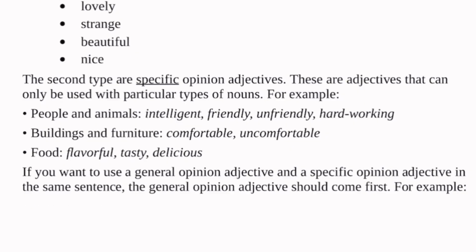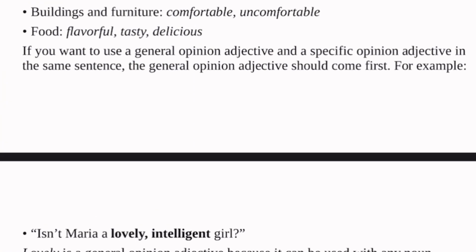No. So if you want to use a general opinion and a specific opinion in the same sentence, please take note, the general opinion should come first. So what they are saying is that in a situation where you have a general opinion and a specific opinion, always write the general opinion before the specific opinion.